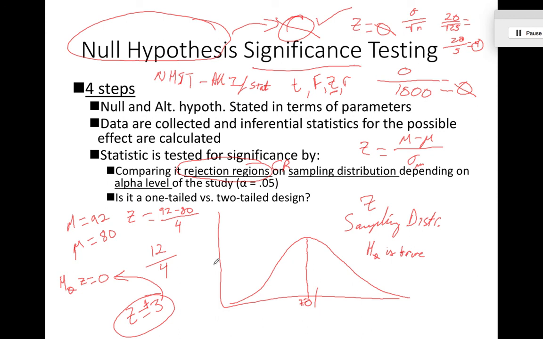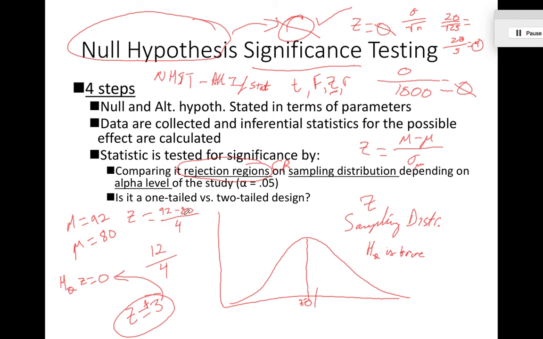So now I'm saying, look, on this sampling distribution, I'm going to find where I can now reject that statement. Okay? Why do I want to do that? I want to have that area on this sampling distribution where I can reject the statement made by the null hypothesis, because if my score is actually extremely different from 0, I want to be able to say, hey, there seems to be a difference between my z-score and the proposed z-score given to me by the null hypothesis, thus leading me to conclude that the difference between my average and the population average in this particular case are extreme.